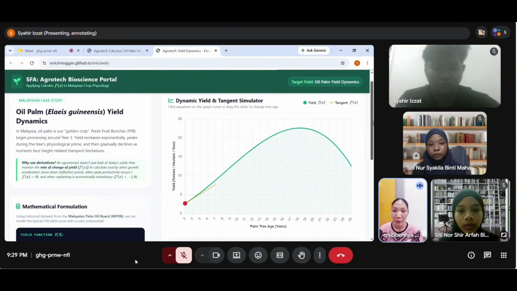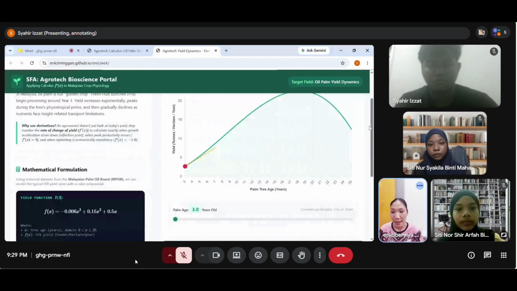And the rate of change is f prime of x = negative 0.018x squared plus 0.30x plus 0.5. Here, x is the age of the tree, from 3 to 25 years old.